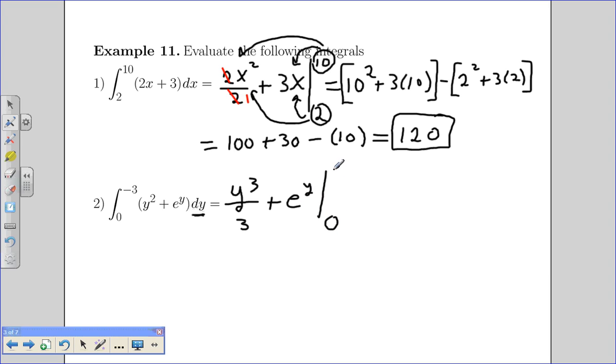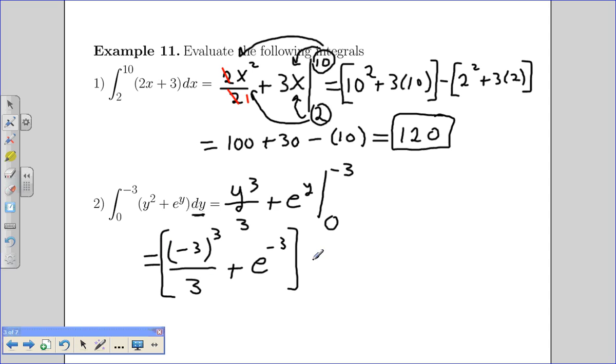Same story, plug in the top, -3 first, and I'm going to do it down here. So I get -3 cubed over 3 plus e to the -3, that's top, minus the bottom. And here, do be careful because e to the 0 is 1.